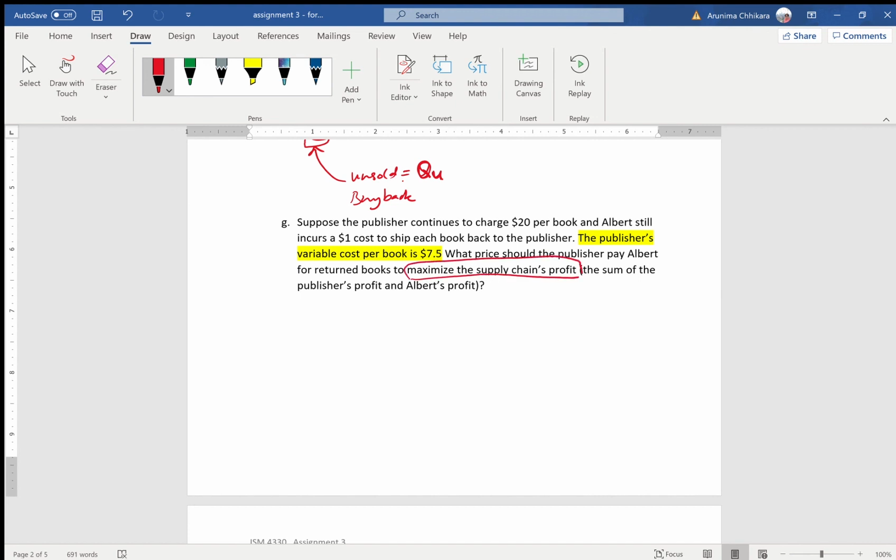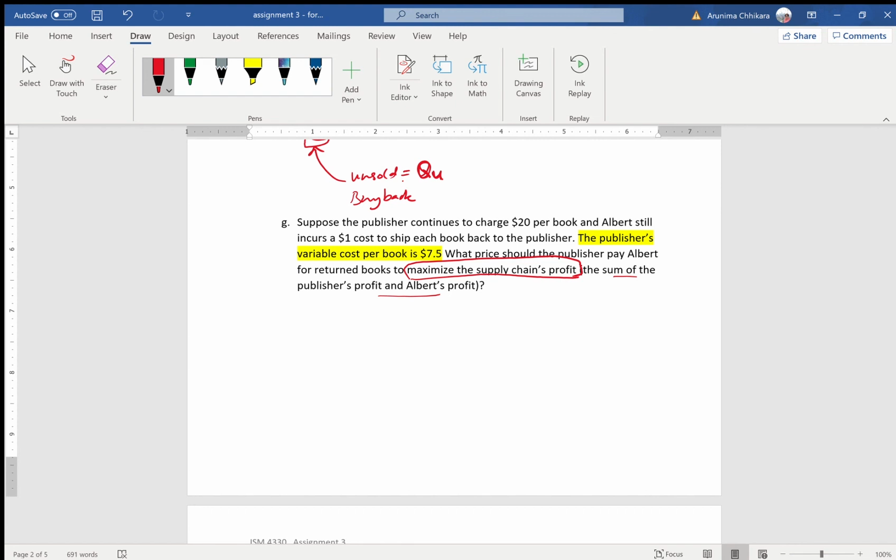Okay, so here the keywords are maximizing the supply chain's profit, which is the sum of the publisher's and Albert's profit.